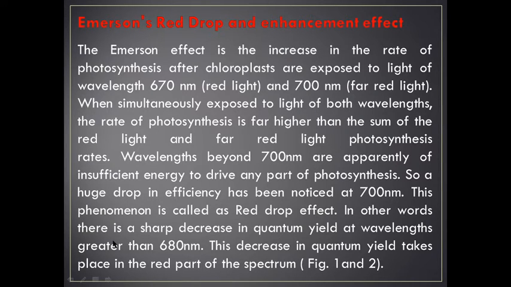In other words, there is a sharp decrease in quantum yield at wavelengths greater than 680 nanometer. This decrease in quantum yield takes place in the red part of the spectrum.